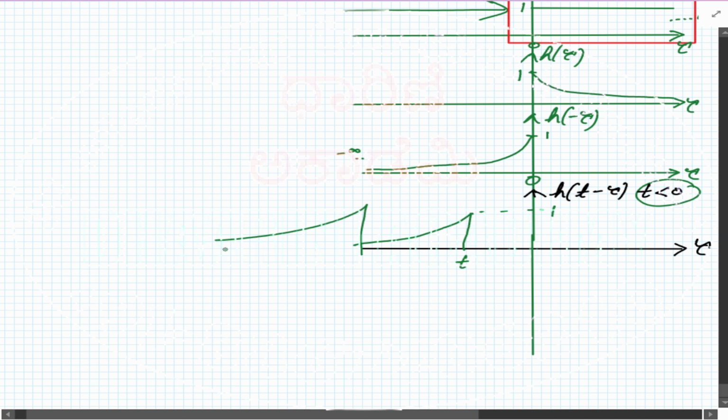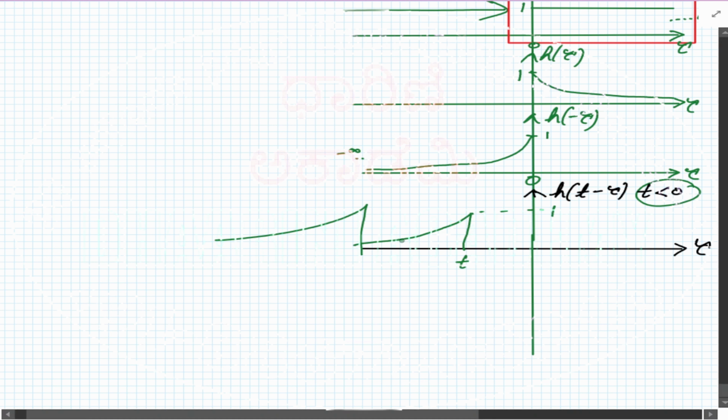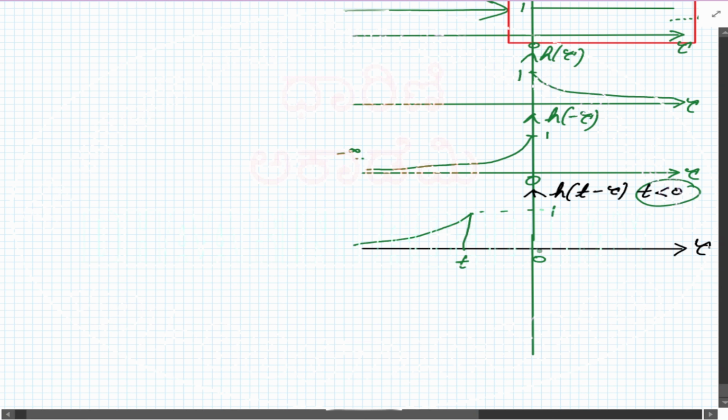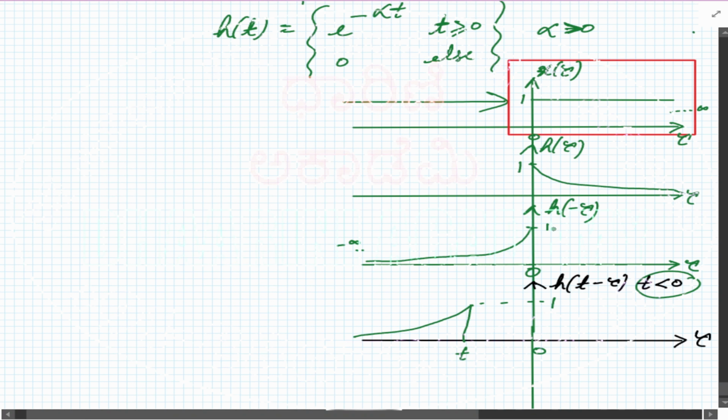If t is minus 1, this is here, correct? t is minus 10, this is here, t is minus 100 and so on. So for any value of t less than 0, my function will be completely present on the left side of 0, which means what is the product? For all these values it is 0 until this reaches 0.